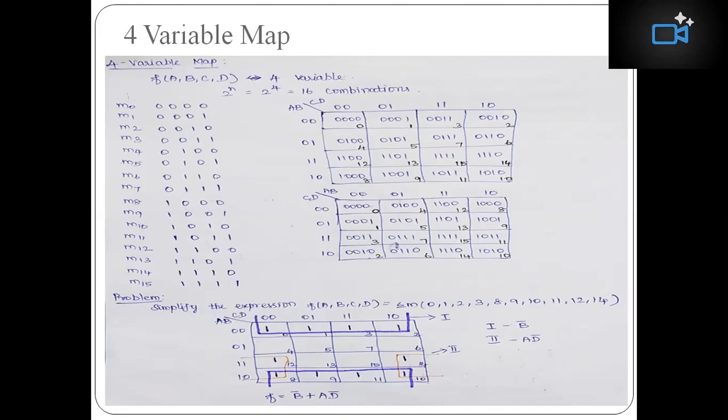Minterm 1 is present, so in the decimal location of 1, I'm denoting 1. Then for minterm 2, in its decimal location, I'm denoting 1. Then minterm 3 is given, so in that specific location, 1 is denoted. Then for 8, 9, 10, 11, 12, and 14, I have written all the minterm combinations.